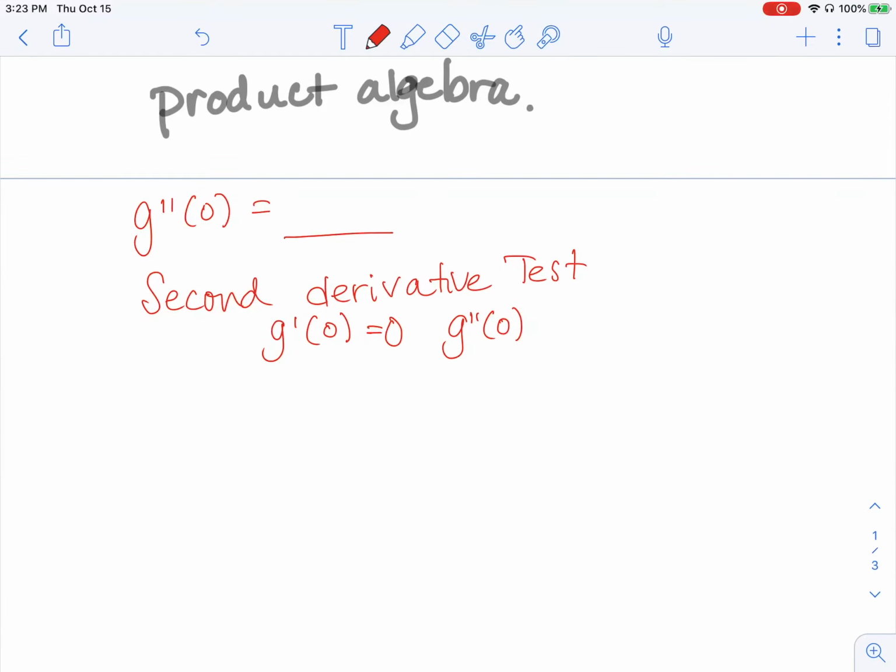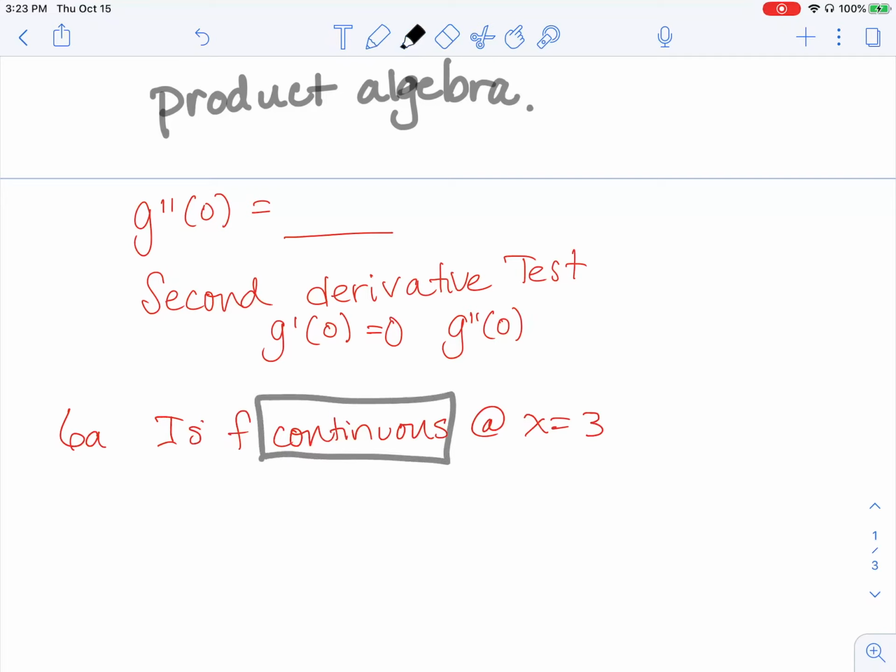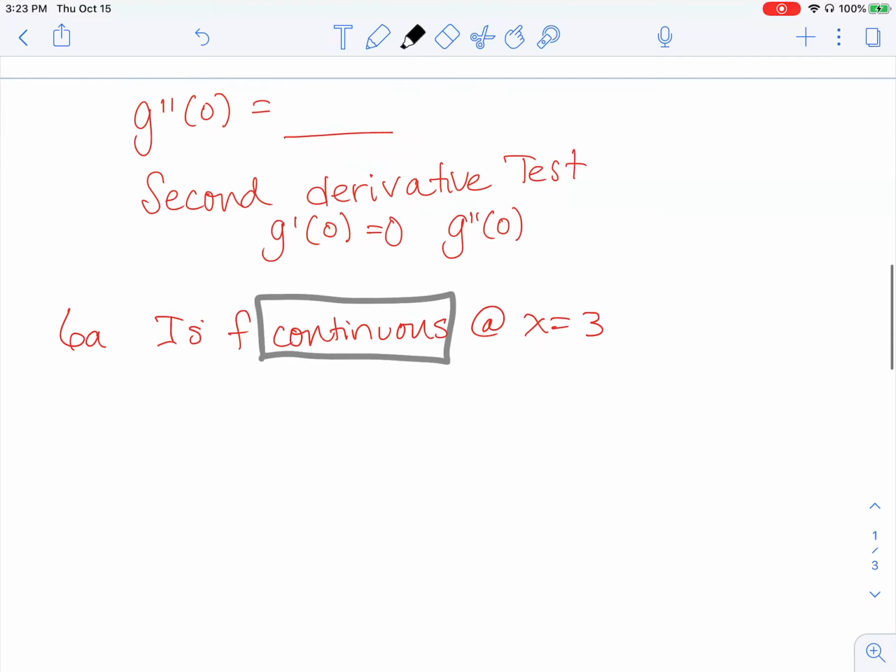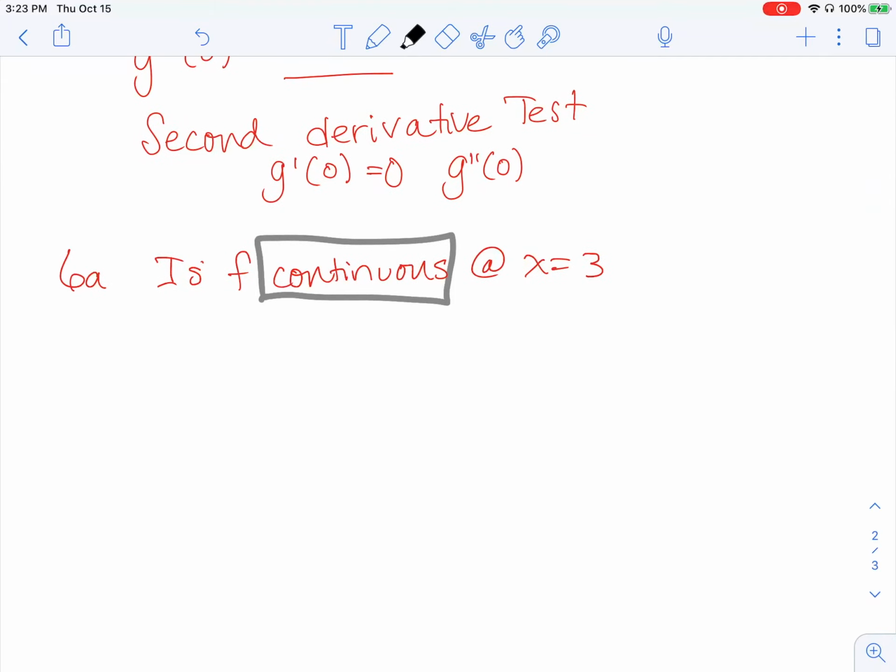Okay, for problem 6, this one was a pretty low scoring section, okay? So 6A asks, is f continuous at x equals 3? Okay, this is the one I was talking about. It says continuous. As soon as you see that, in order to answer that question, yes or no, you need to go through the 3 steps of the definition of continuity.